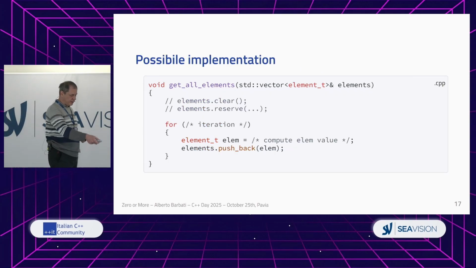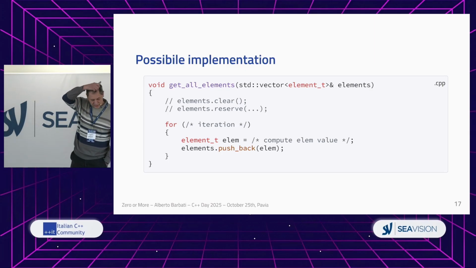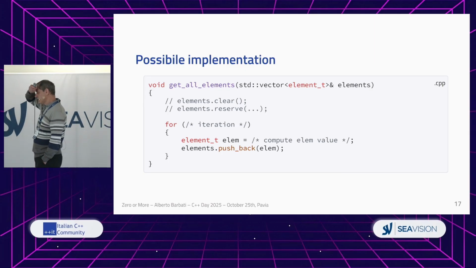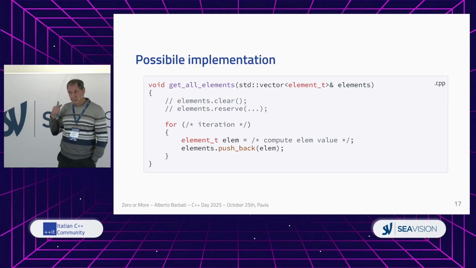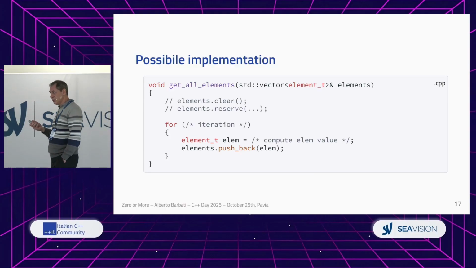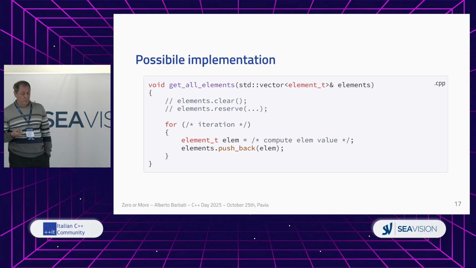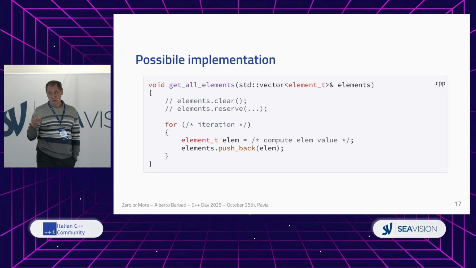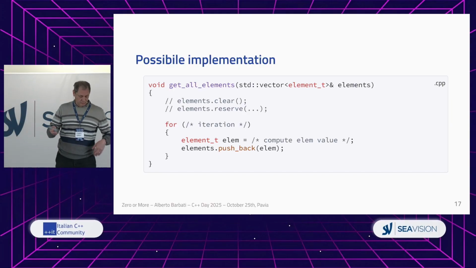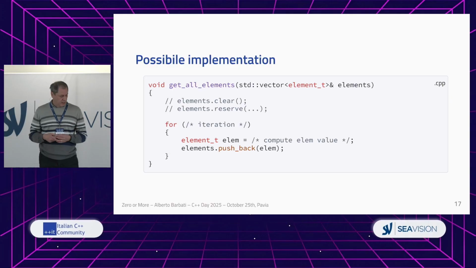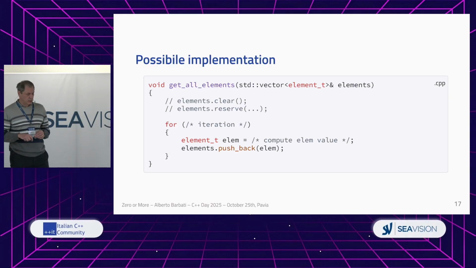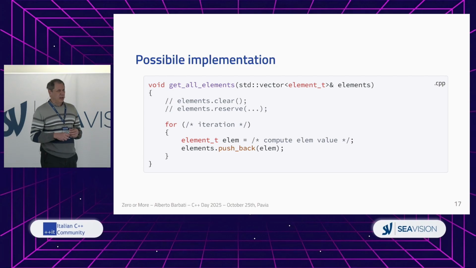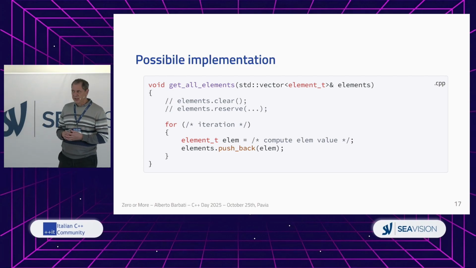I have two commented lines. The first line, the elements clear. Since I have been passed a vector, the vector may be used, maybe non-empty. So we must decide if it's good to clear the vector or not. Why must we decide?